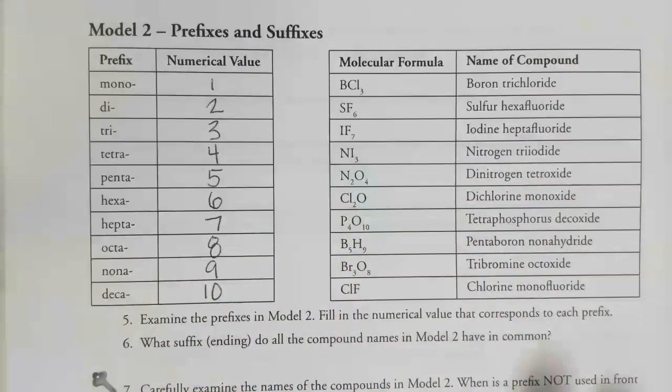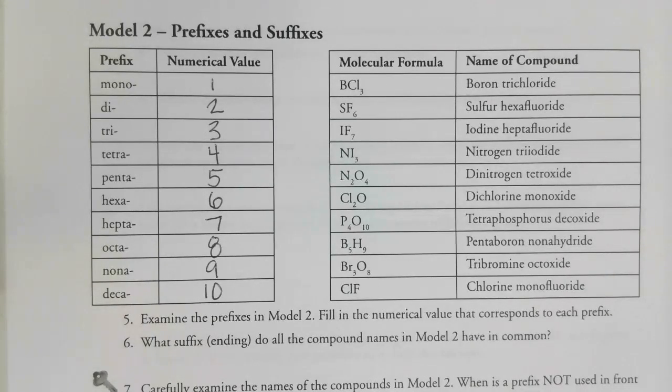As you go through, you will figure out some instances when we don't say tetraoxide because it doesn't roll off the tongue easily. We say tetroxide. We kind of shorten it. And it becomes second nature after you practice it for a while.